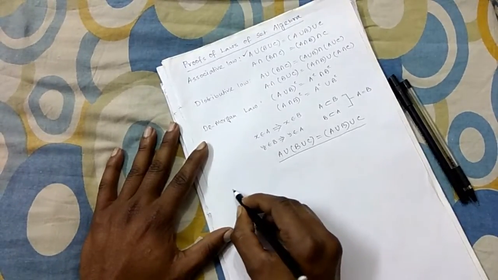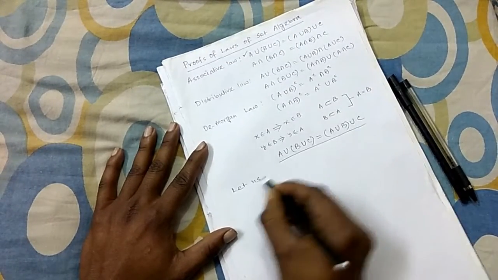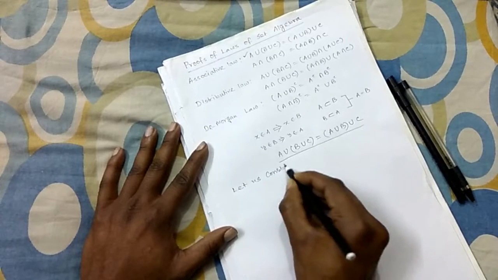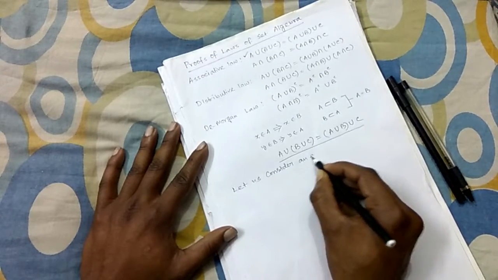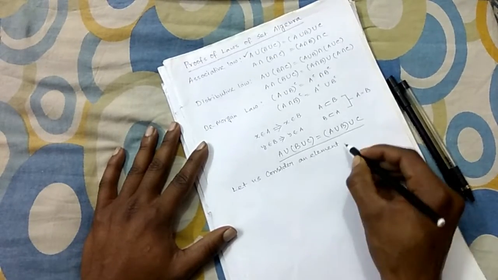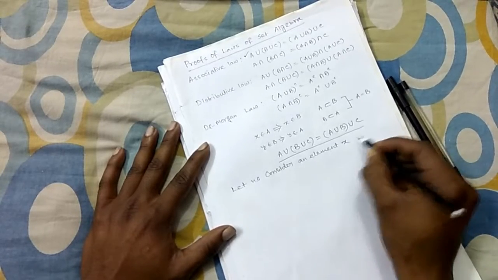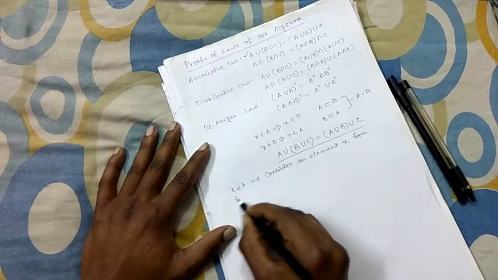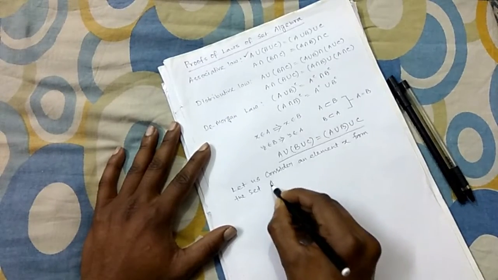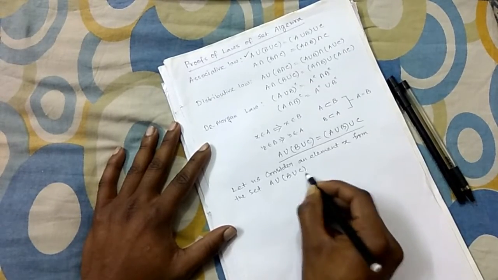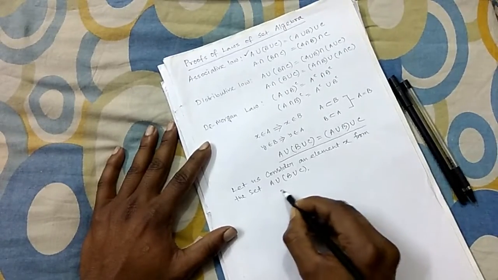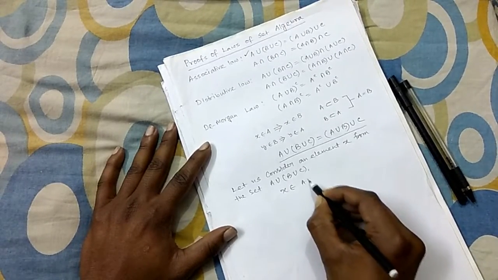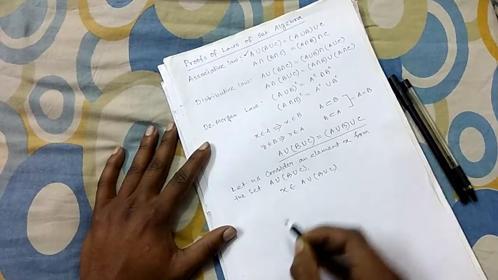Firstly, you write, let us consider an element X from the set A union (B union C). Then X belongs to A union (B union C), right?